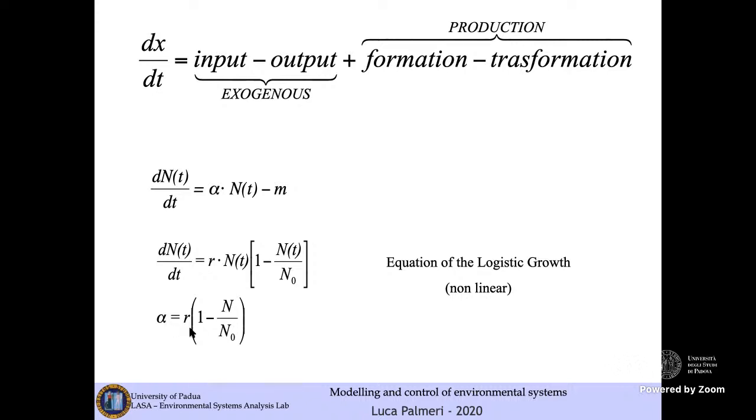of a non-linear ordinary differential equation that describes the growth of a population of bacteria in which something happens to limit the growth. So these bacteria cannot grow indefinitely. I already told you that unlimited growth is ecological nonsense.